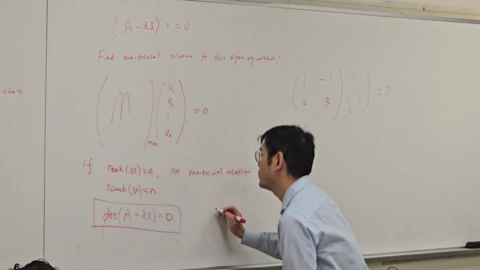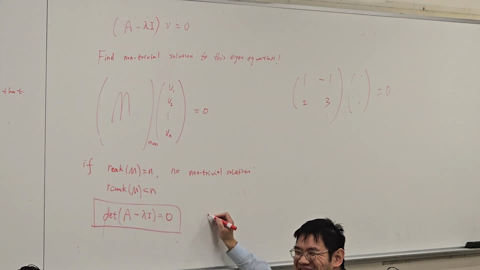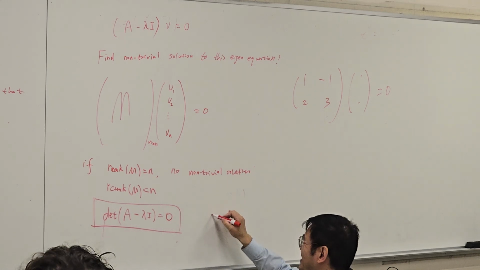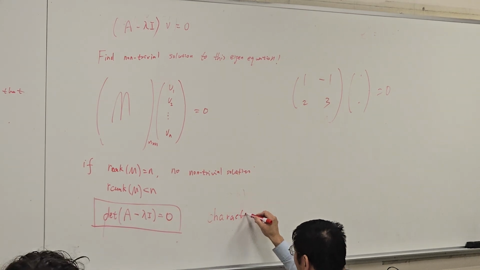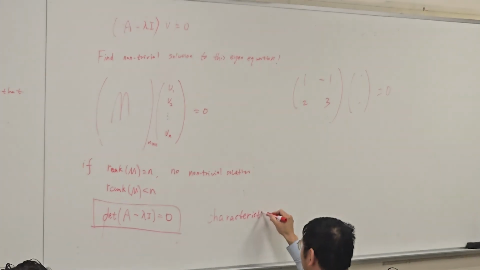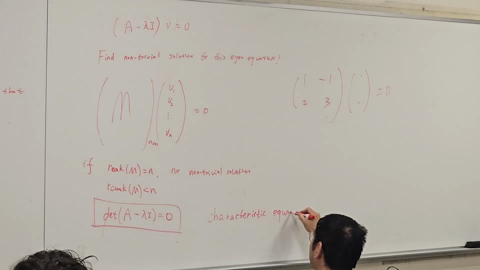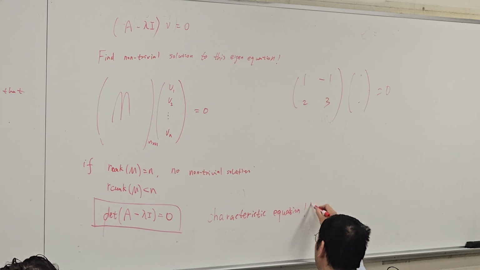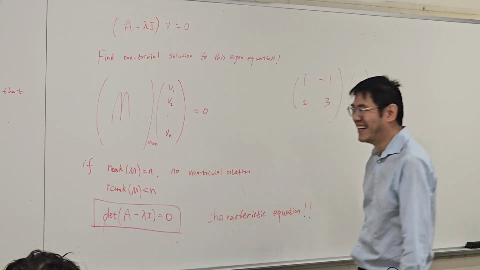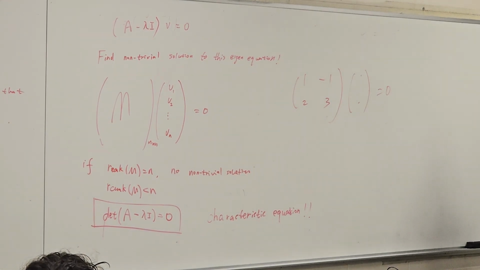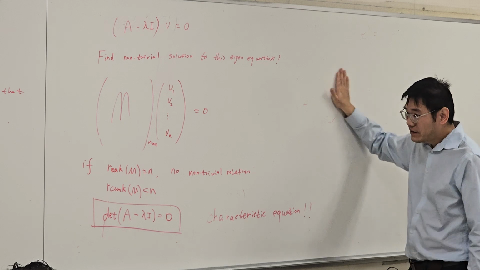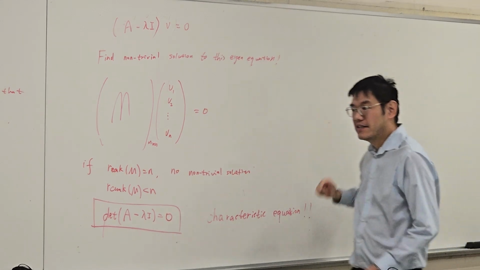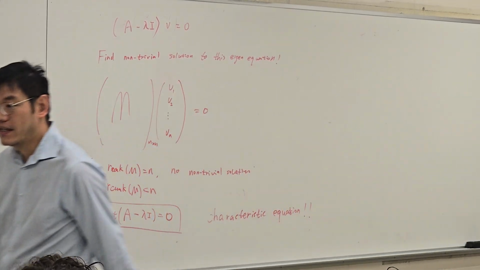So we'll call this the characteristic equation. You just solve this characteristic equation for this matrix A, and you can find these eigenvalues.